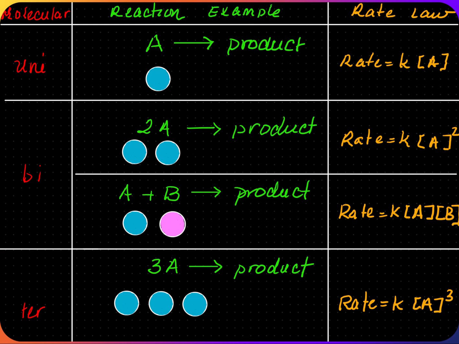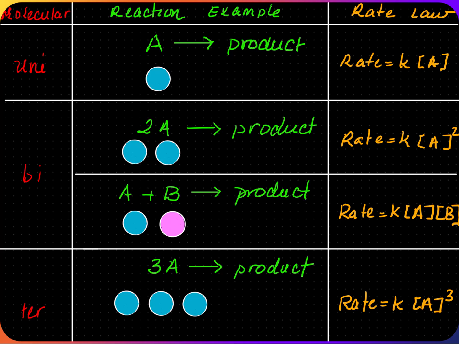Because when we use elementary steps, we use the coefficients of the balanced equation as our exponents. When it's bimolecular, there are 2 molecules, and so they could be 2 A's, an A plus an A yields a product, and when that happens, the rate equation becomes k[A]^2, because the coefficient in front of A is 2.